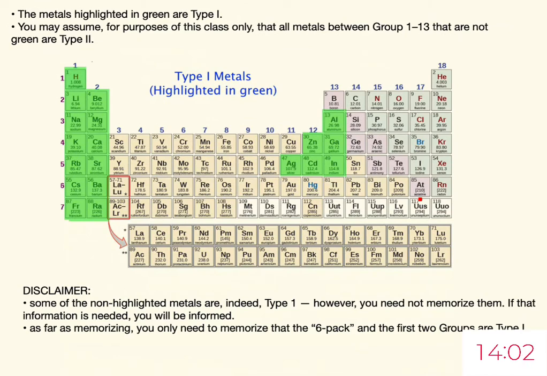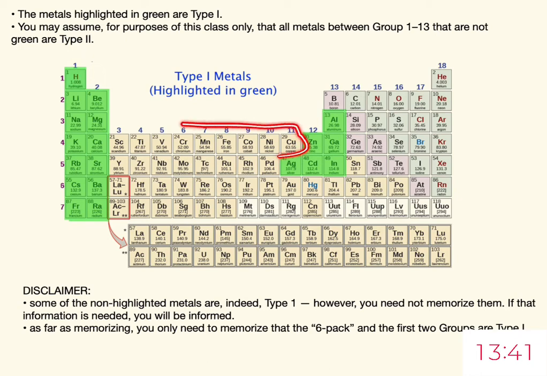The memory things, this is something else that you're told to memorize. You need to know that these 6, which we call the 6-pack, are type 1 metals. And these first 2, the alkali metals and alkaline earth, they are type 1.